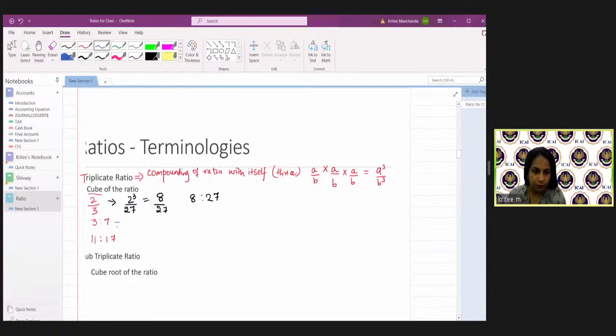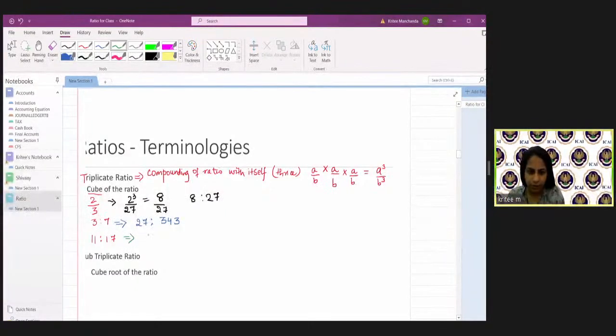Cube of 3:7. 3's cube we just found out, 27. Now the cube for 7: 7 sevens are 49, 49 sevens are 343. That's the answer. For 11:17, I hope we all are doing it very quickly on the calculators. 11 into 11 is 121.